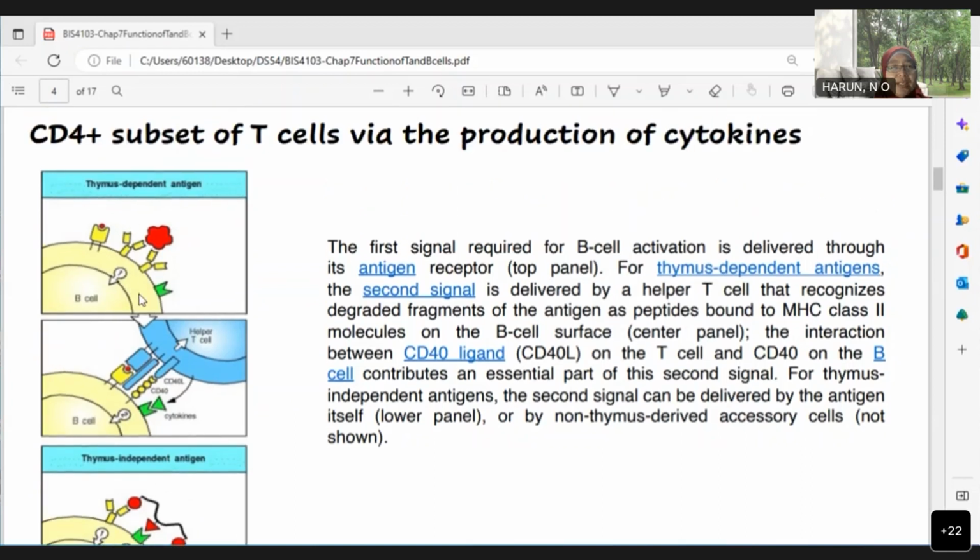The steps taken by the CD4 T subset of T cells, the production of the cytokines, where we have the antigens, the molecules or the peptides, which on the B cells we have.